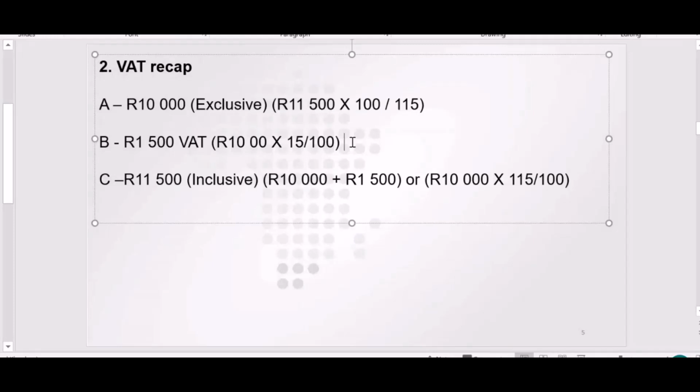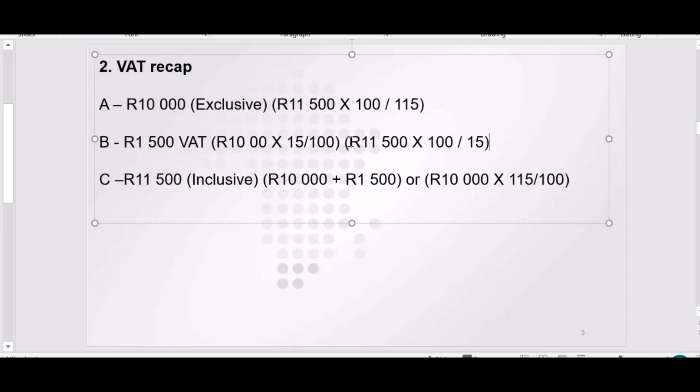It then gives you 1,500. That would be your VAT. You minus your VAT from the whole amount: 11,500 minus 1,500, which will give you 10,000. That is correct. Thanks for that.